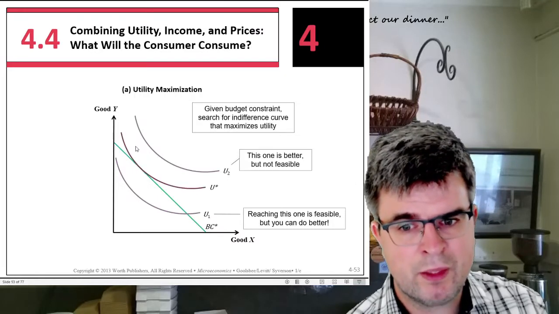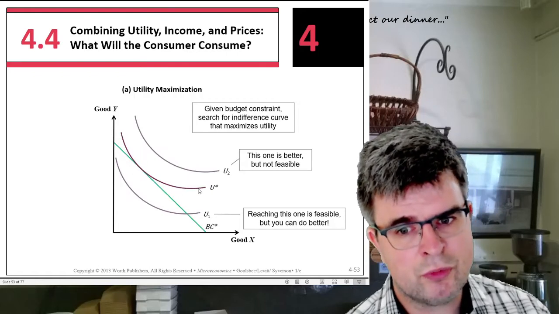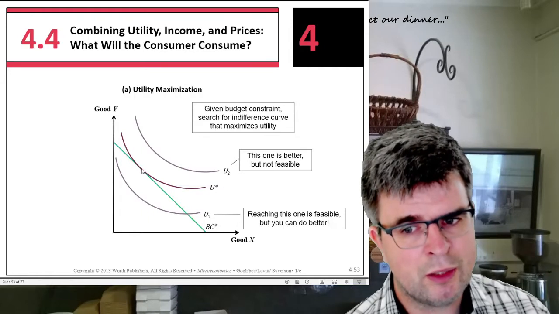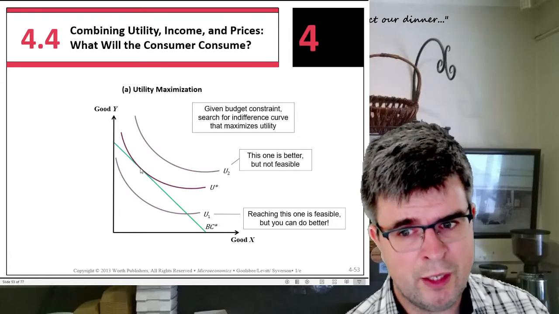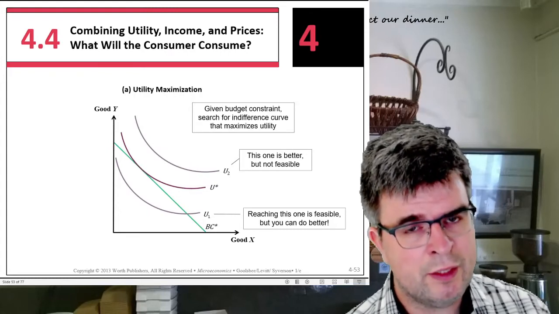However, you can buy a bundle on the indifference curve U star, because the indifference curve U star just touches your budget constraint. So here you have a bundle on the indifference curve U star that is feasible.